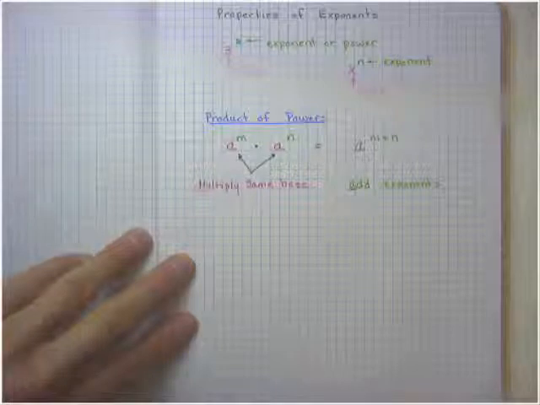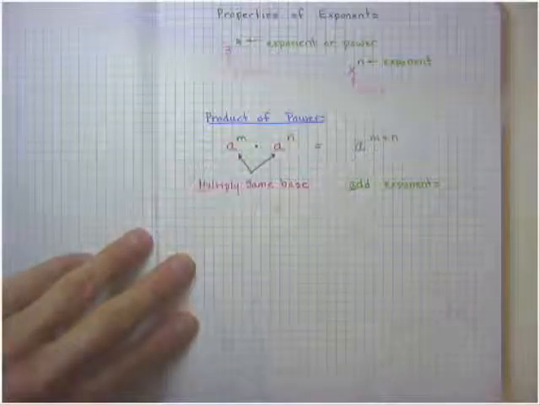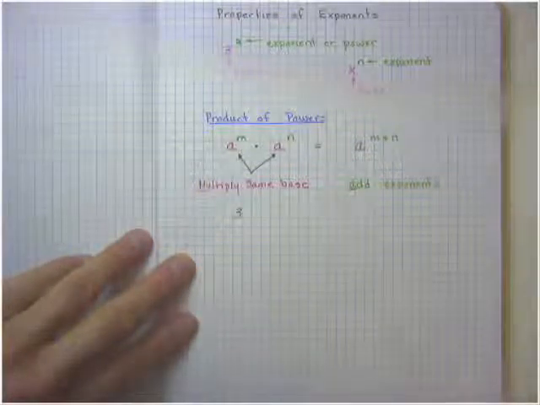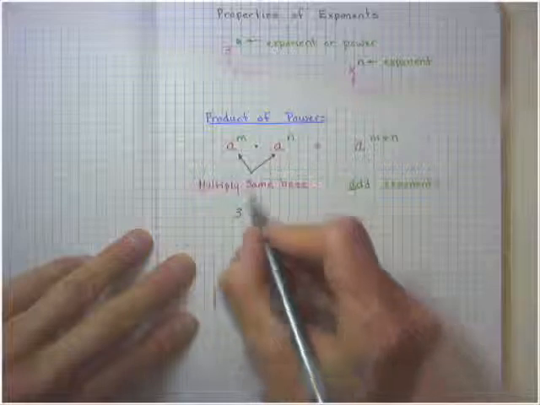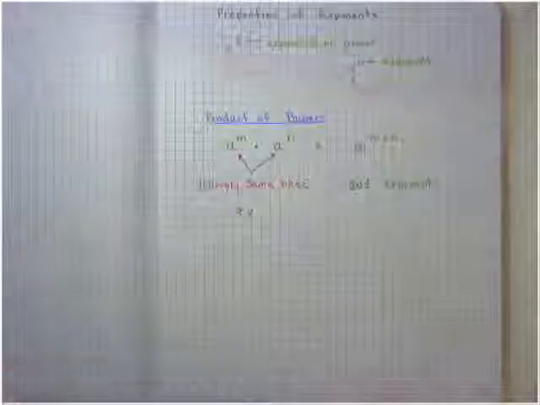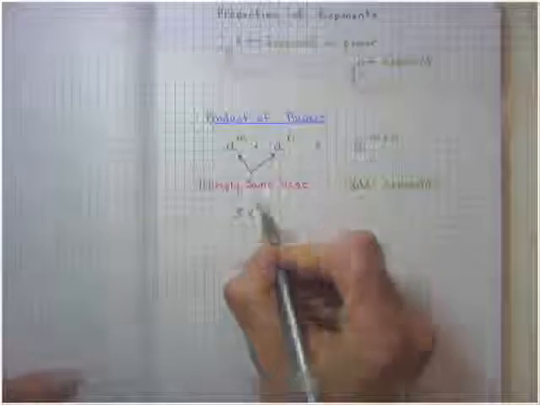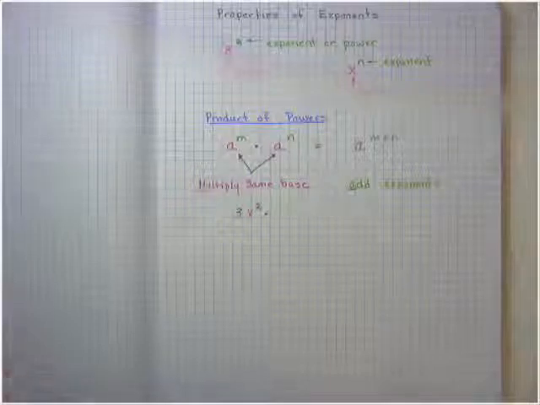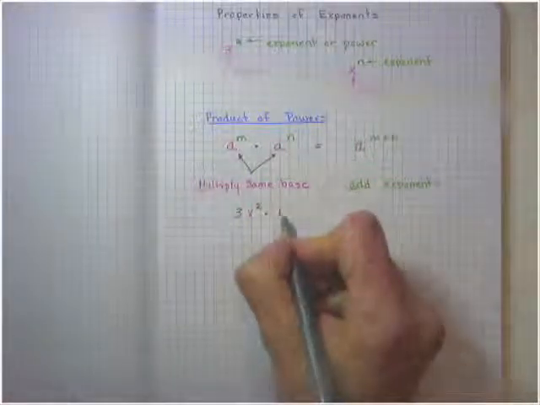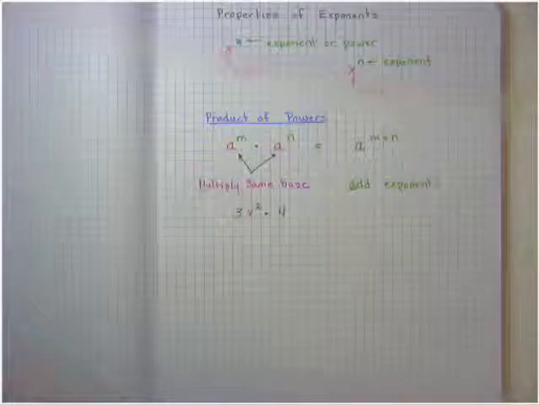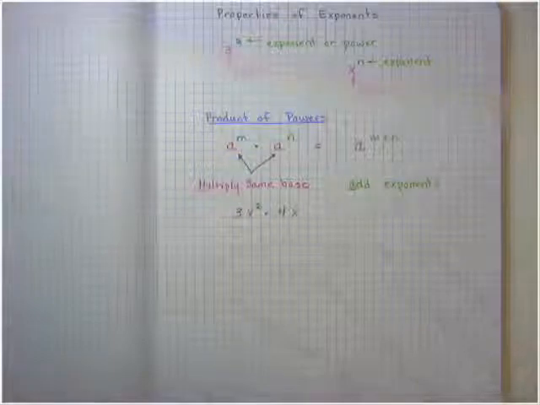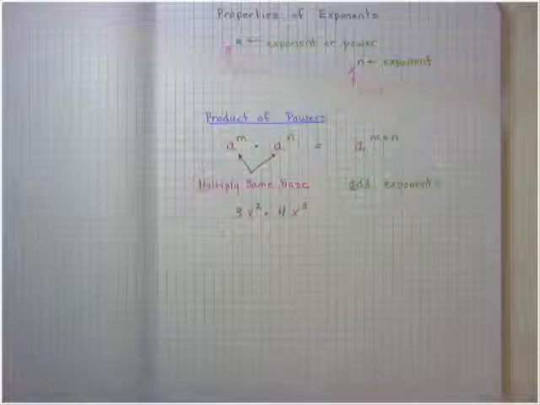So if I have the number 3x squared times 4x cubed, well, what's the rule with that?